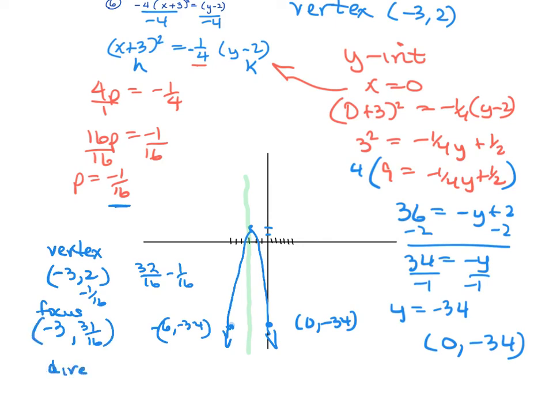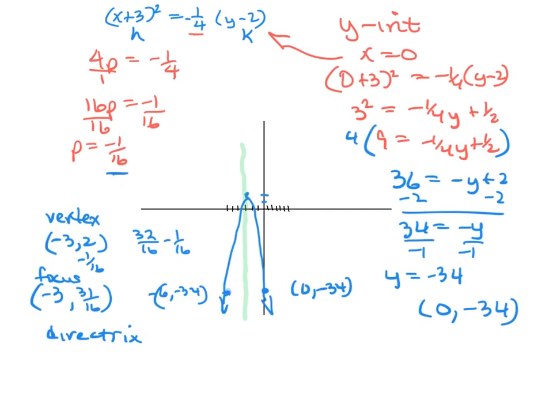For the directrix, remember, it's an equation of the line. So here we're going to do 2 plus 1/16. So my directrix is going to be y equals 2 and 1/16. If you want to make it improper, 33 over 16.